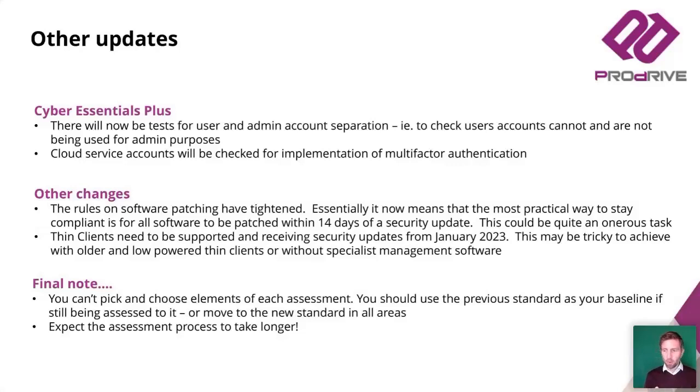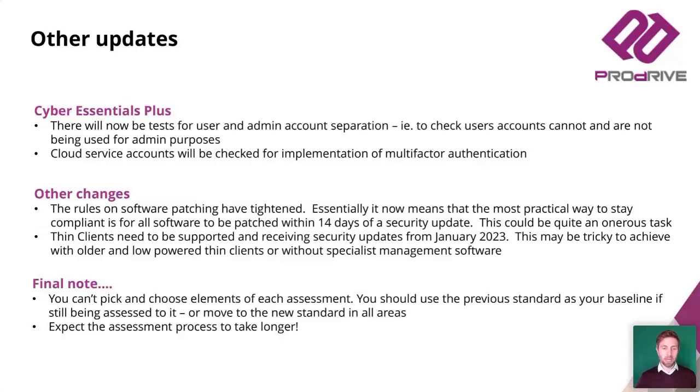Just a couple of final points. You can't pick and choose the assessment. So if you're getting assessed on the old standard, that's the standard your network should be to. If you're getting assessed on the new standard, that's the standard you should be working towards. If you're currently in progress with an assessment, obviously, unless you want to stop that and start again with the new standard, the best thing is to progress through that assessment and then put together a plan for how you're going to get up to standard for when you renew that assessment in 12 months' time.